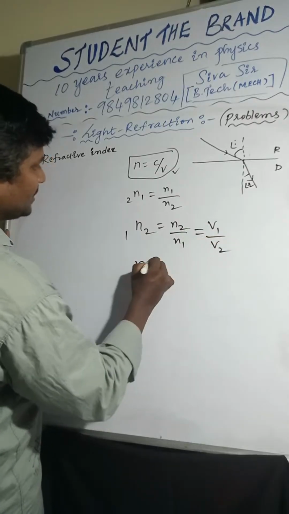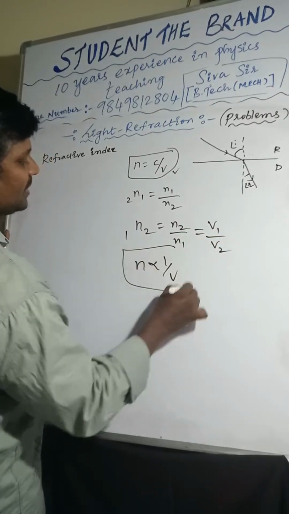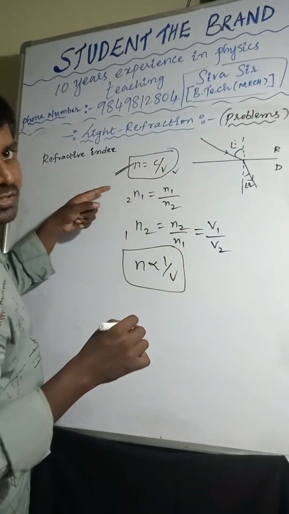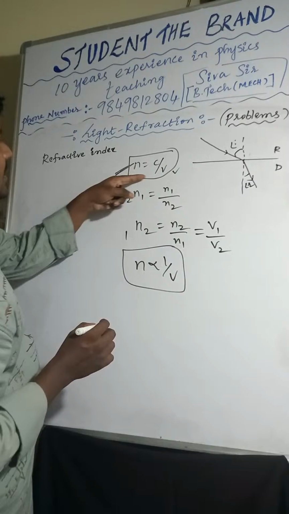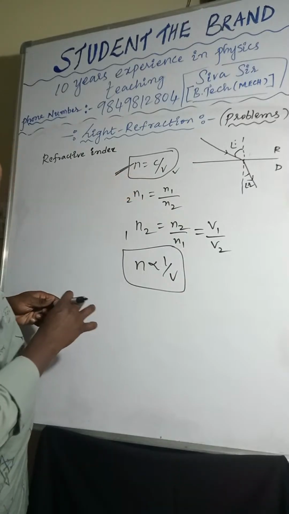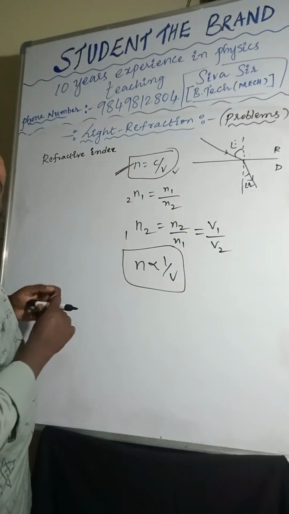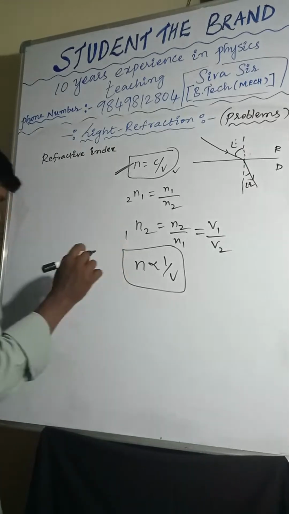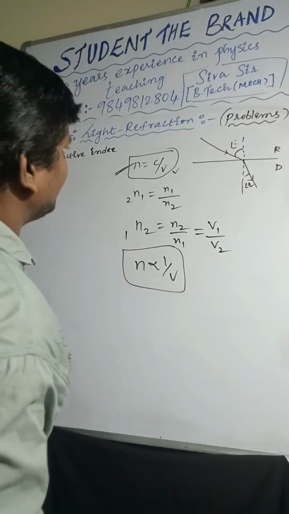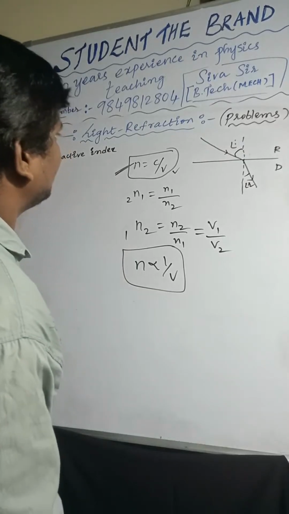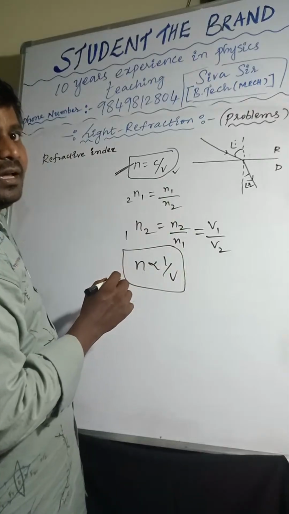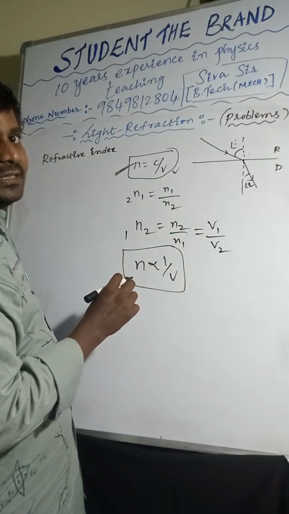From this formula, n is inversely proportional to velocity. Refractive index is inversely proportional to velocity. That is very, very important, so follow this one.